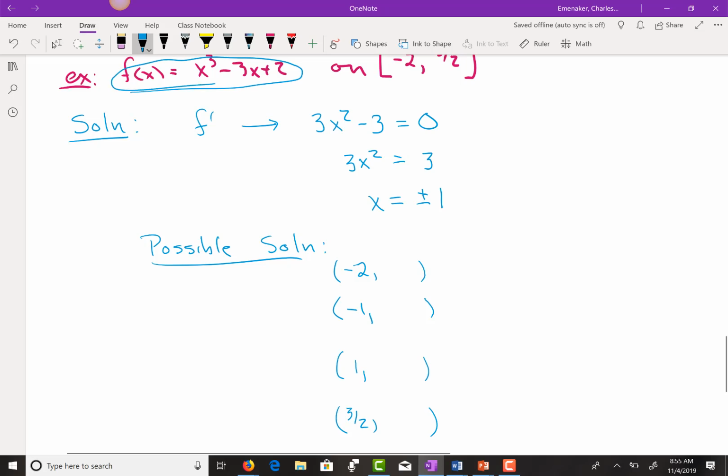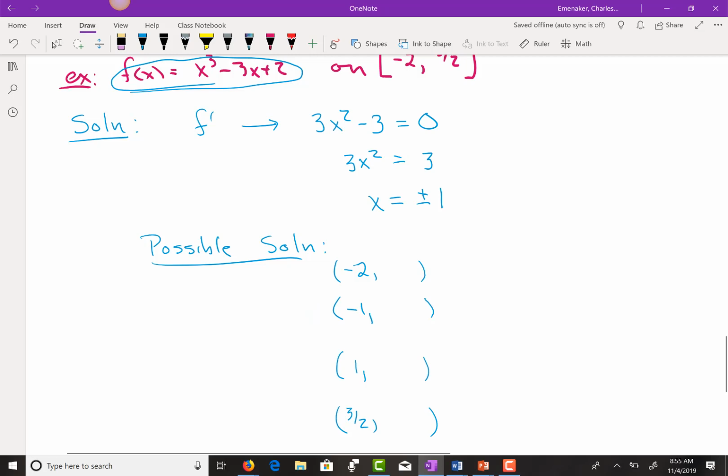I know that you can do all kinds of cool stuff with increasing, decreasing. We can do second derivatives and do all kinds of analysis on these 2 points, can't we? But in this case, we have not only those, but we have the endpoints.